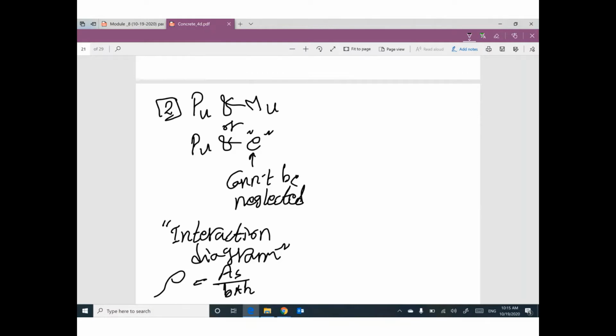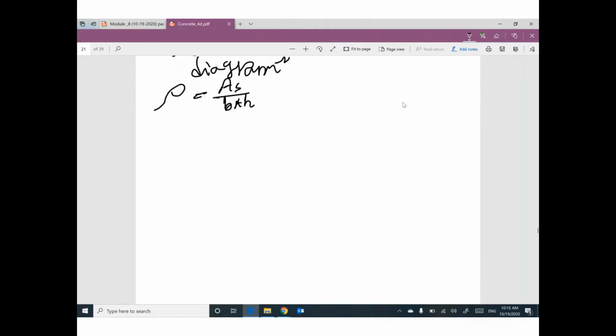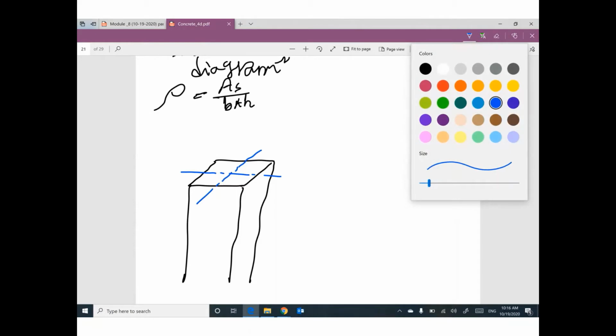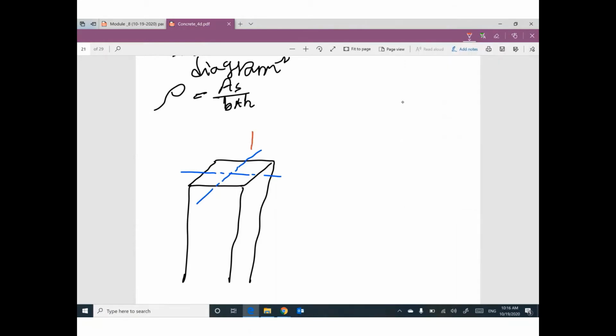Guys, the meaning of eccentricity, just to make sure you are figuring this out. Here is the column. What is the meaning of eccentricity? This column has a centroid. If the applied force for any reason is not concentric, then this P ultimate has eccentricity from the centroid.